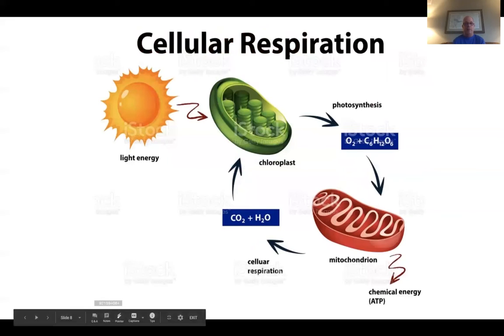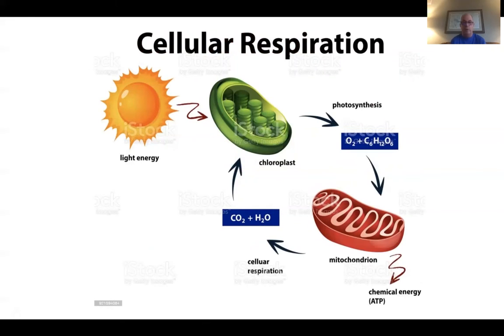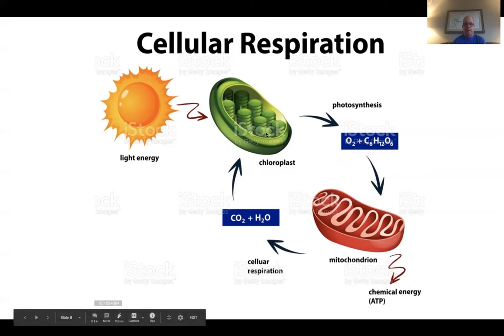Let's put it together with photosynthesis, because that's where we're going with this. Photosynthesis, if you look here, produces the sugars, the glucose. That glucose finds its way into the mitochondria and all of your cells. And when it's done with it, it gives off carbon dioxide and water.